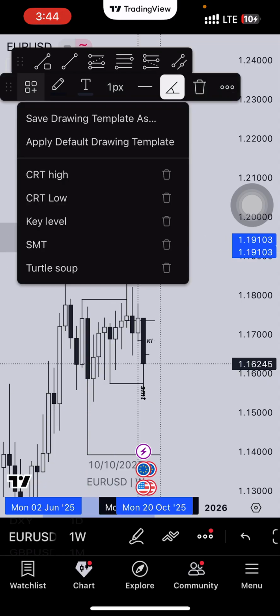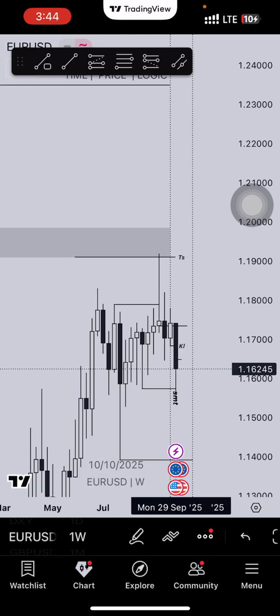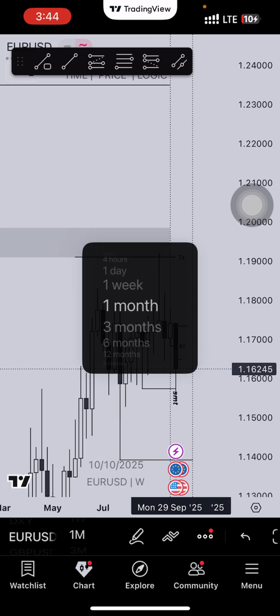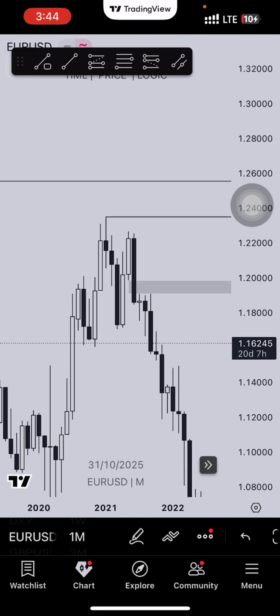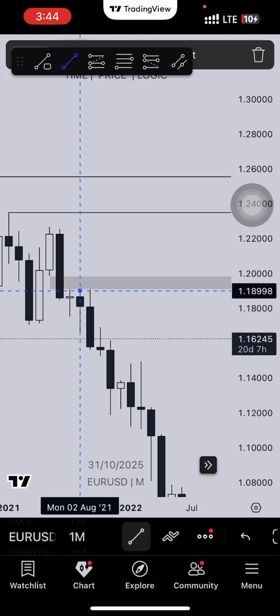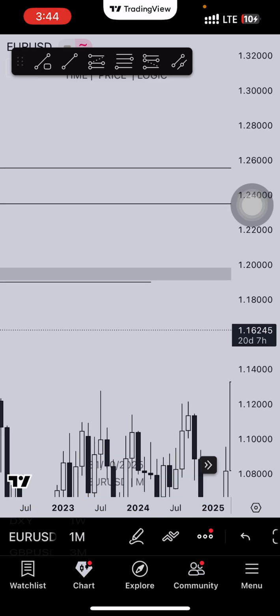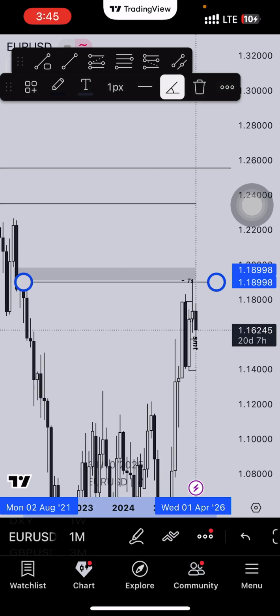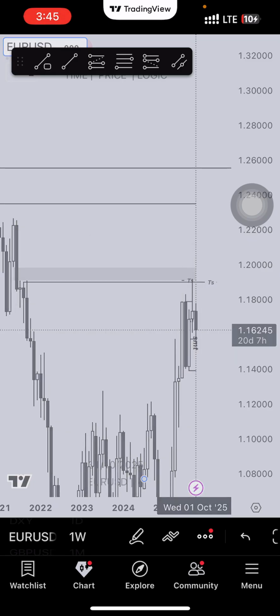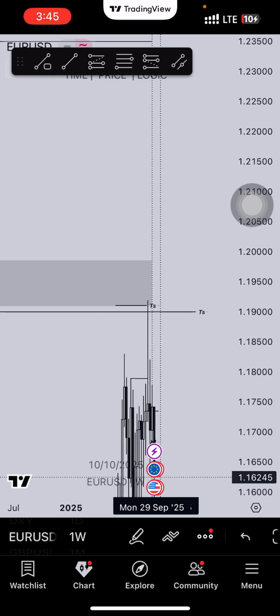Sorry. So yeah, it took out those monthly highs. I don't know if you could see right here. So it took out these highs, right? So that's the turtle soup. That's just to show you the sequence of CRT.